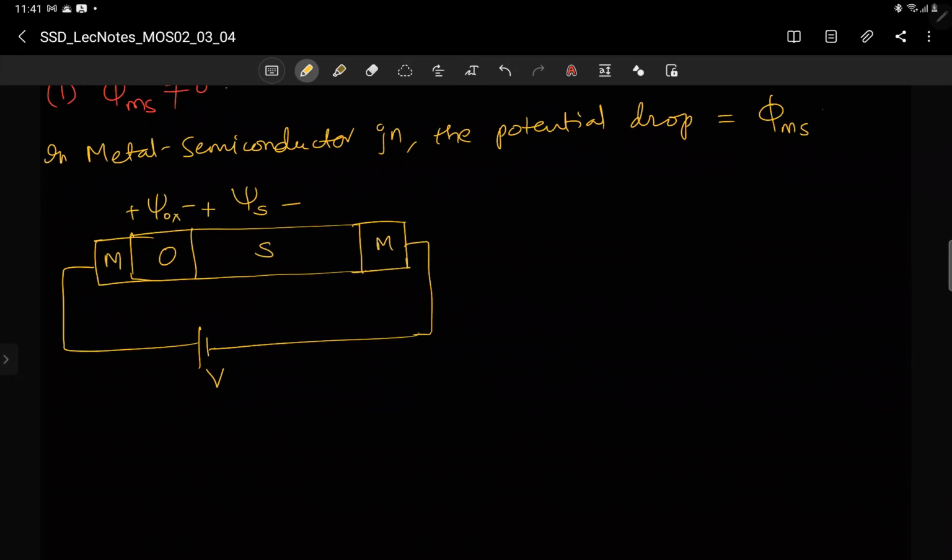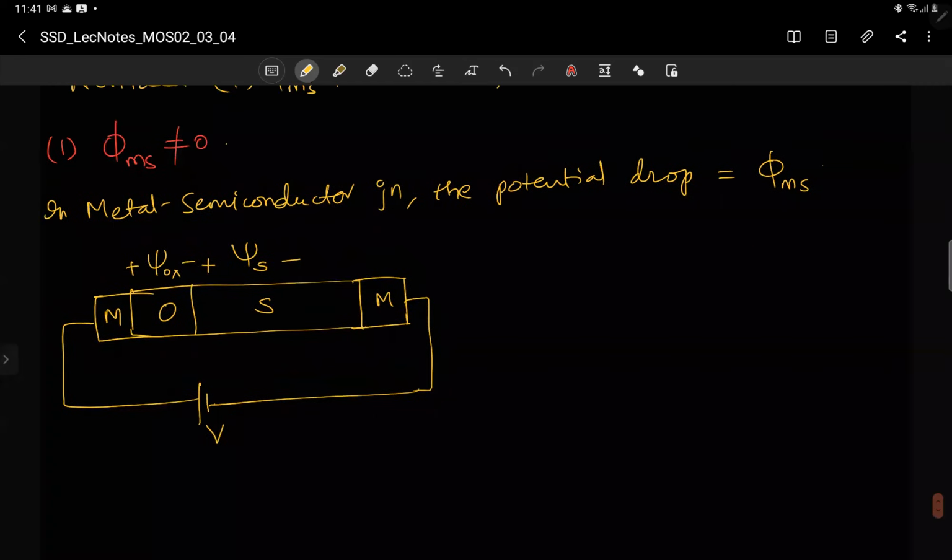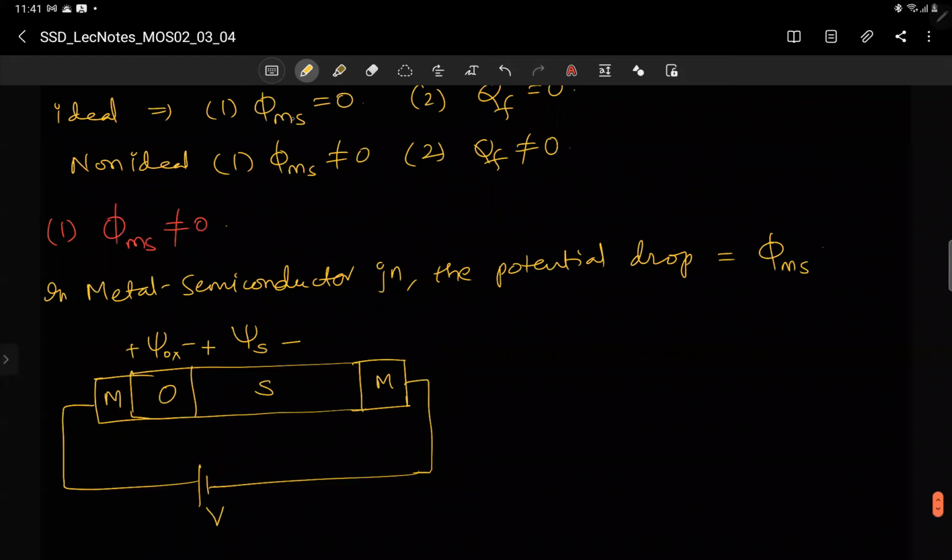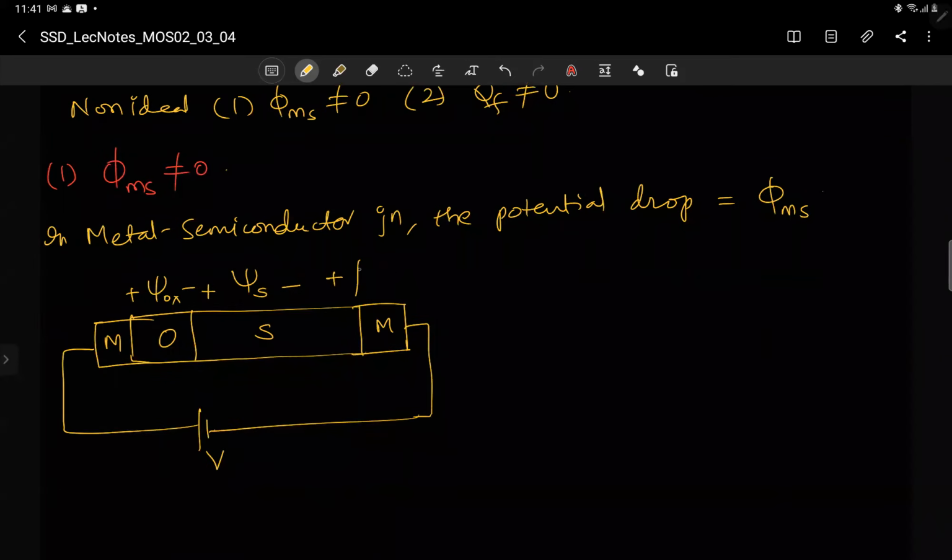When phi ms is non-zero, we know that the semiconductor to metal, the potential difference will be phi ms. That's what we have seen many times. So this is phi ms.